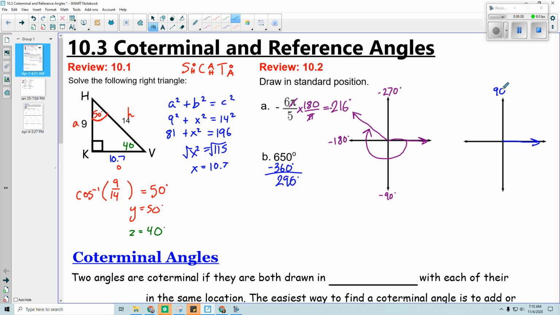So for positive angles, I go 90, 180, 270, 360. So 290 would be right about there. So I'm going one full lap around, and then I continue another 290 degrees to get to 650 degrees.